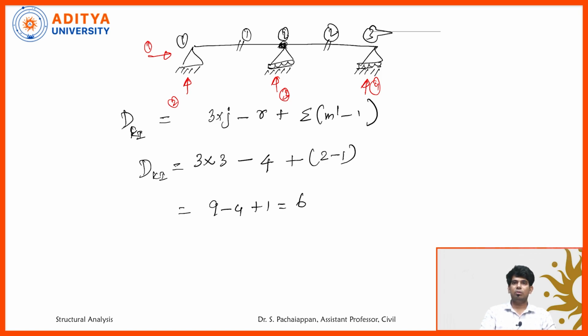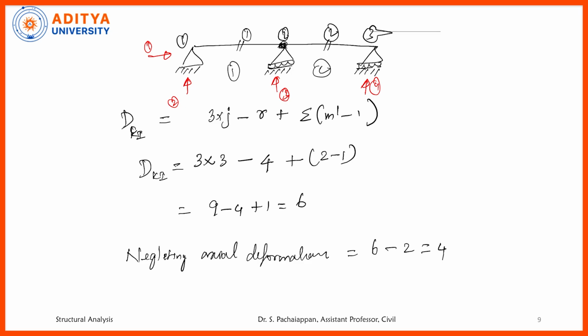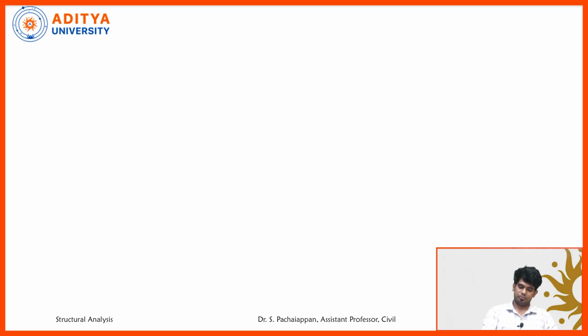This is without neglecting the axial deformation. If you neglect the axial deformation, then from 6, how many members? 2 spans are there, span 1 and span 2. So minus 2, after neglecting the axial deformation, the kinematic indeterminacy is 4.